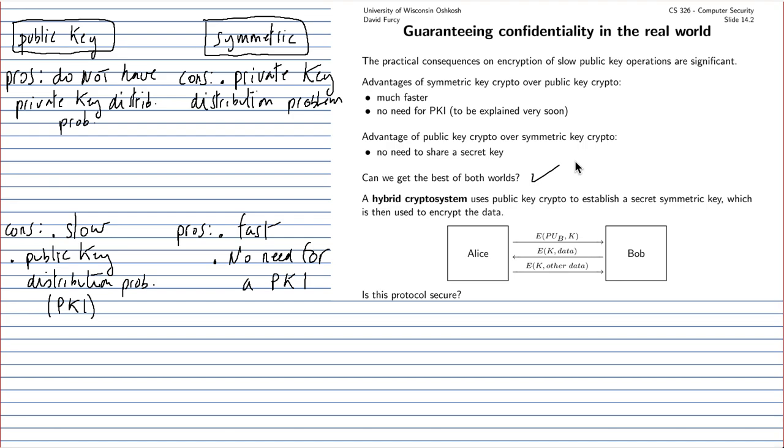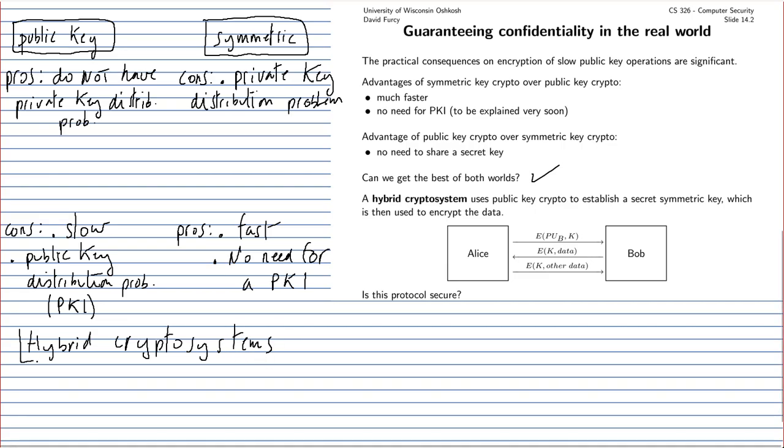And the answer is yes, a qualified yes anyway, and this is basically the way current systems work. These are called hybrid cryptosystems. They're hybrid because they use both aspects of both approaches, public key and symmetric.